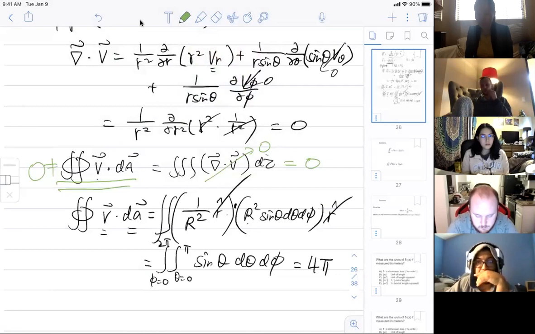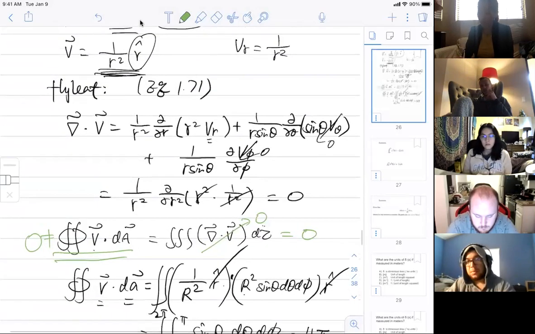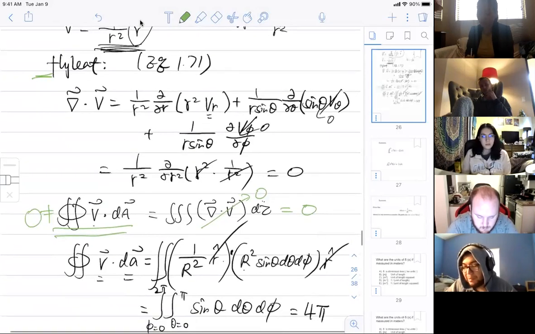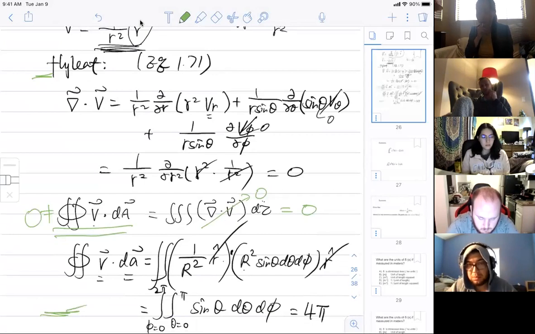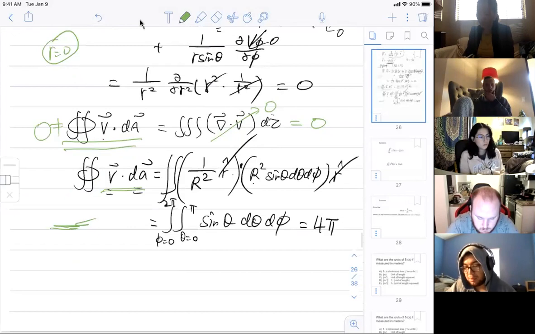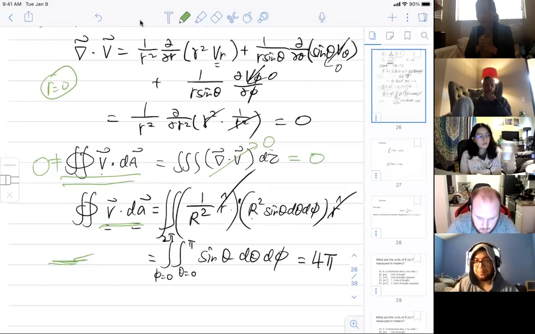Mm-hmm. Yes. So during this calculation, from here to here, where do you think the problem might come from? When R equals 0, you're dividing by 0. When R equals 0, there is a problem indeed. Here, when I do the integration, I'm including the entire space, so I'm definitely enclosing the R equals 0 point.